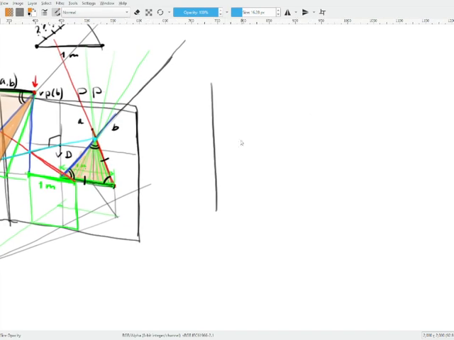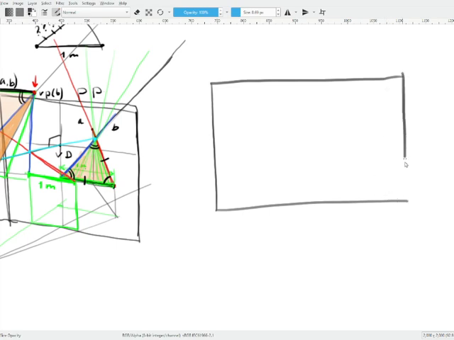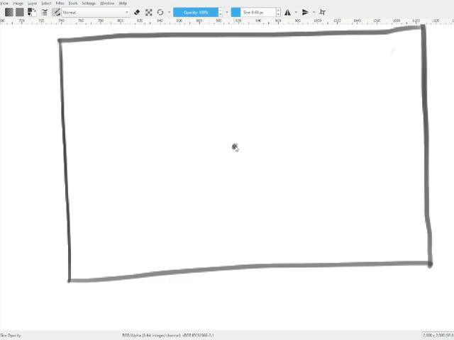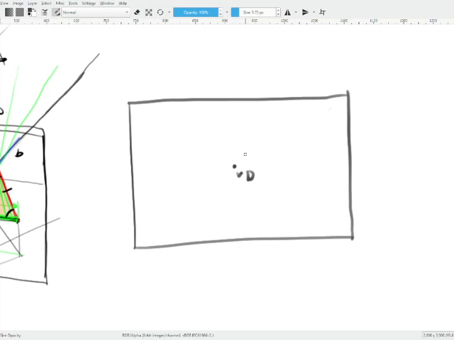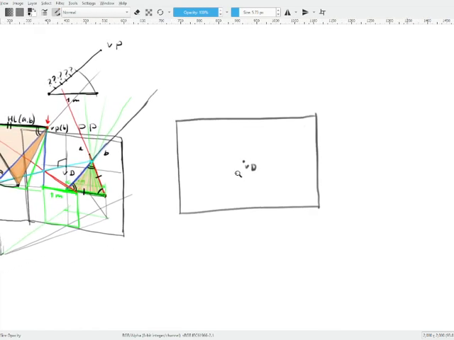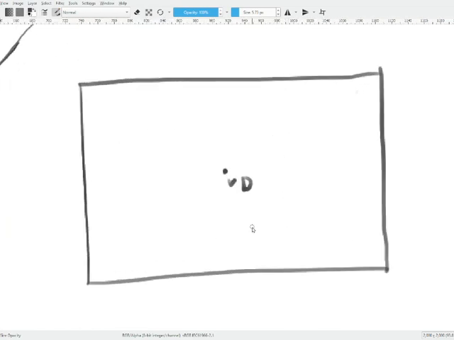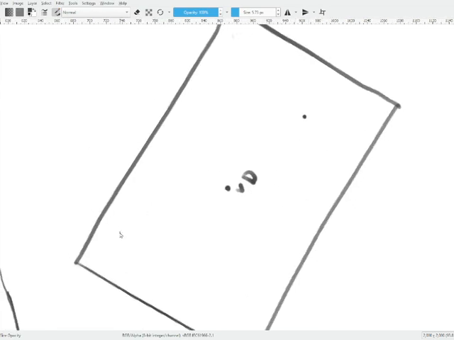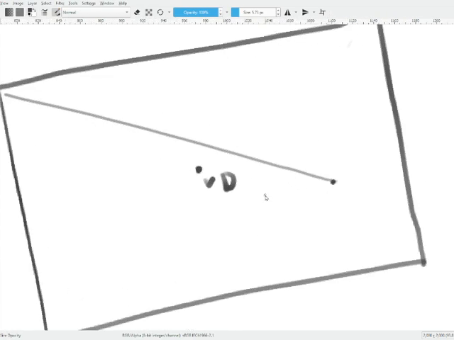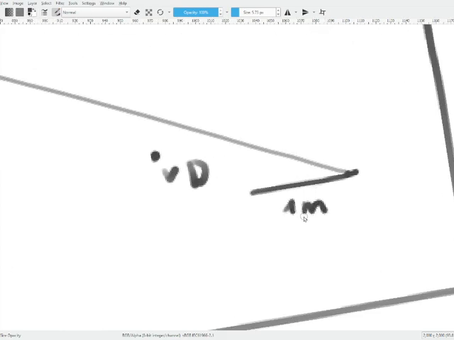So we start with the following. Again, there is our new direction. There is some line which we want to draw with a given distance. We selected some distance, assuming that this distance is 1 meter long.